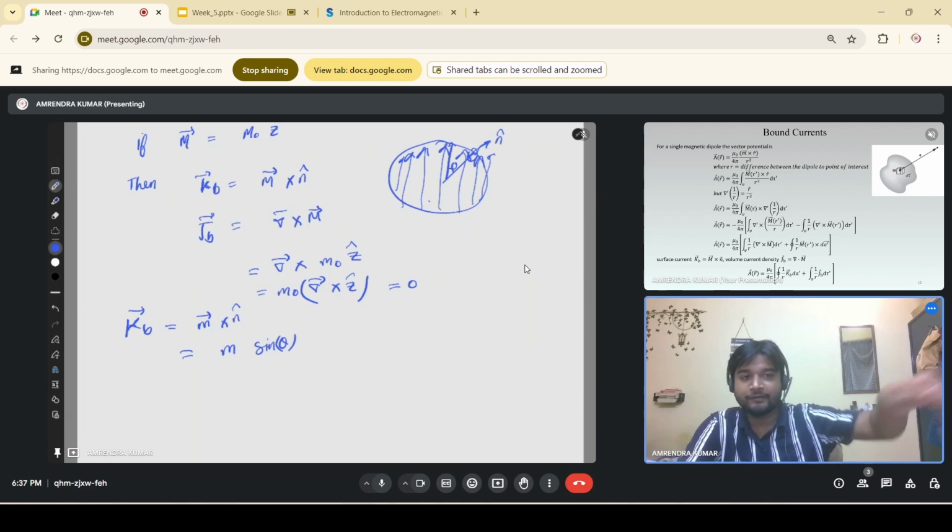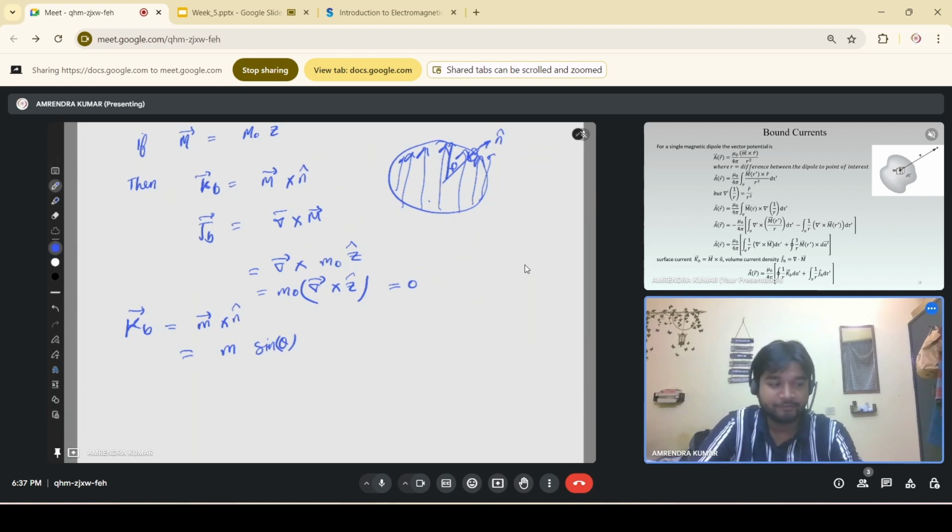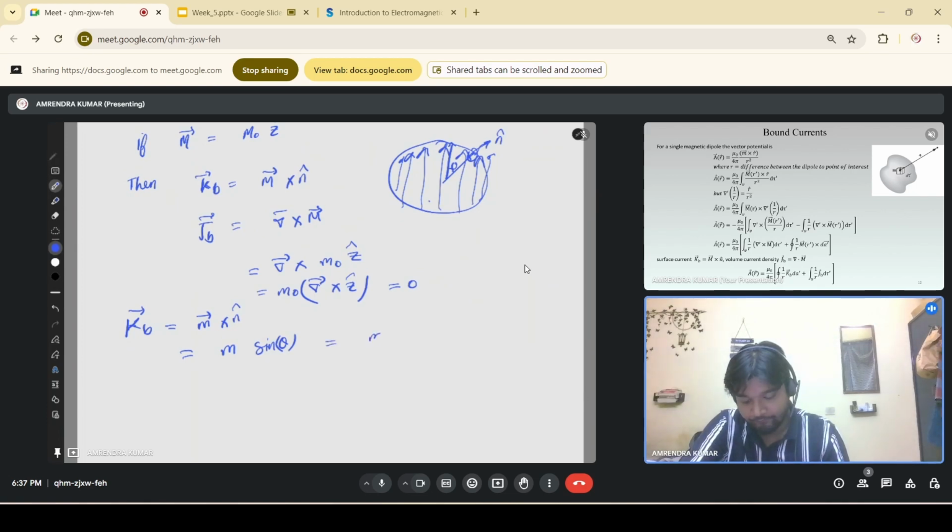It will be tangential to the surface, not radial. Tangential to the surface is just the phi cap coordinate that rotates around the 2 pi.